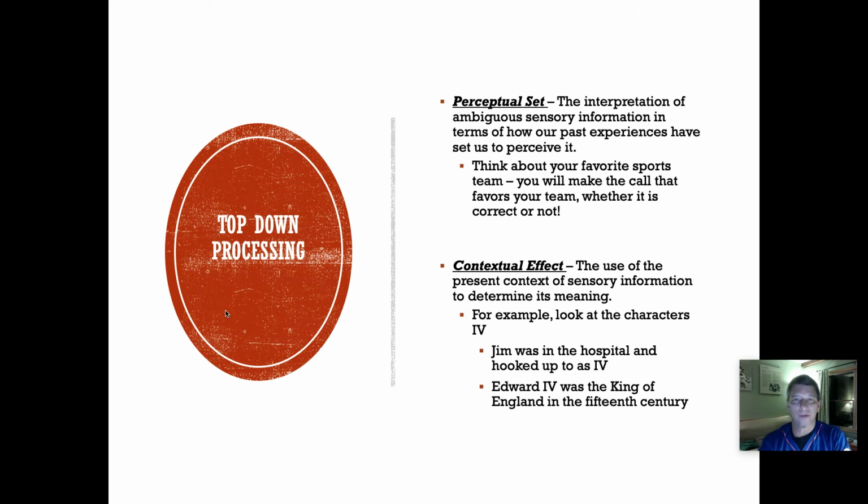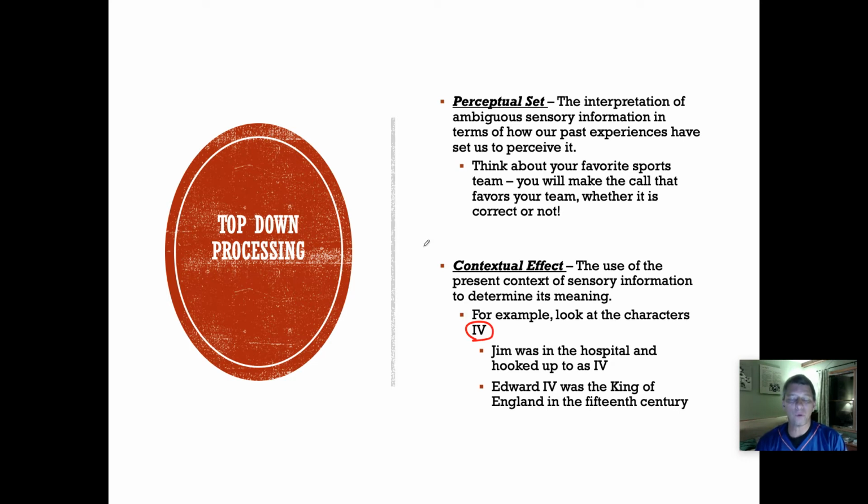Another aspect of top-down processing is what we call contextual effect. This is the use of the present context of sensory information to determine its meaning. A great example of this comes right out of your textbook. If you look at the characters IV, they can mean different things in different contexts.